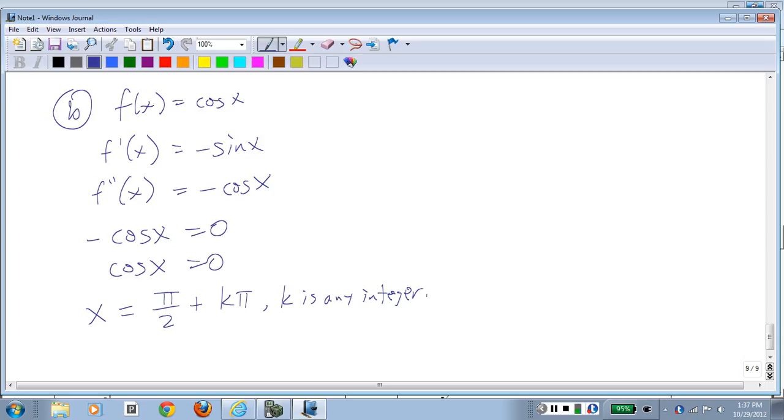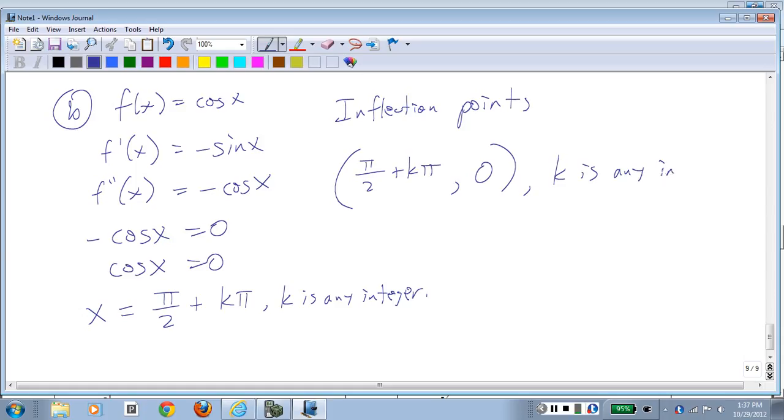The inflection points, since we know they happen at intercepts, would be pi over 2 plus k pi, comma, 0, where k is any integer.